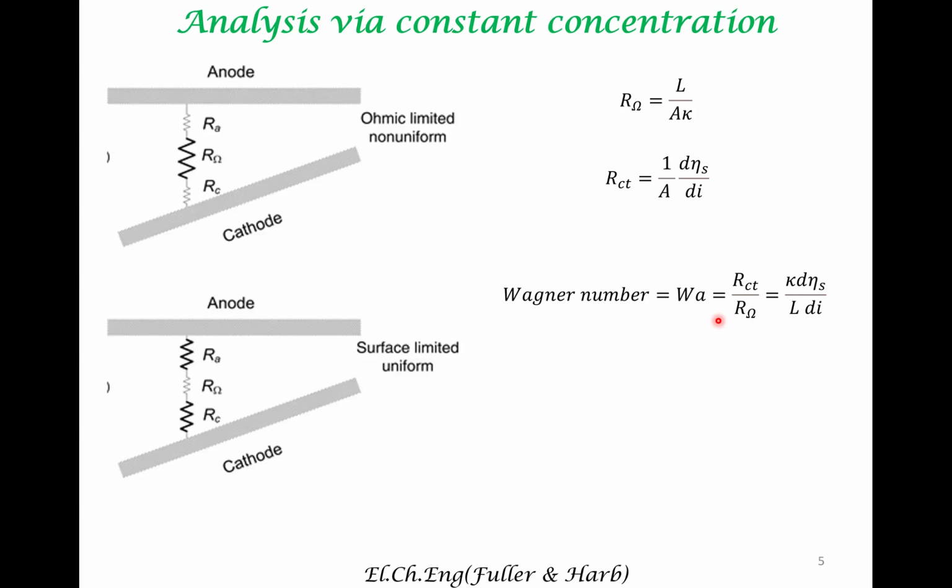So where does this become important? In which situation? Supposing you have a situation wherein anode and cathode distances are different in different parts of the system. It is a single electrochemical unit, but the distance between anode and cathode varies.